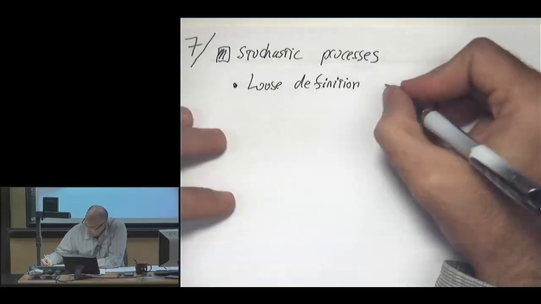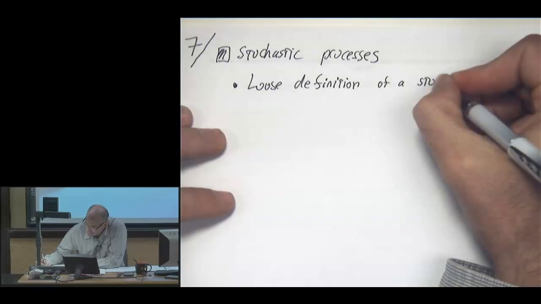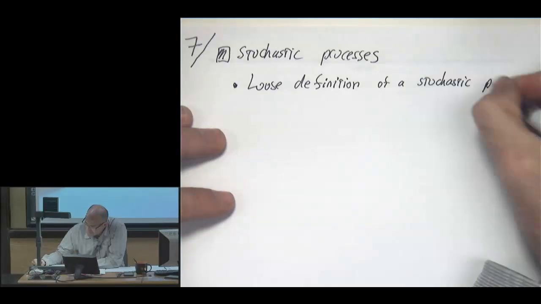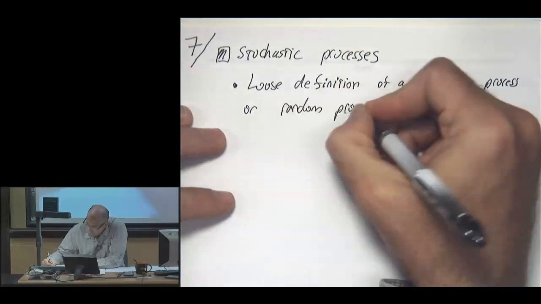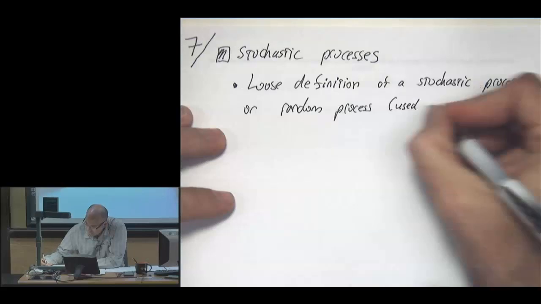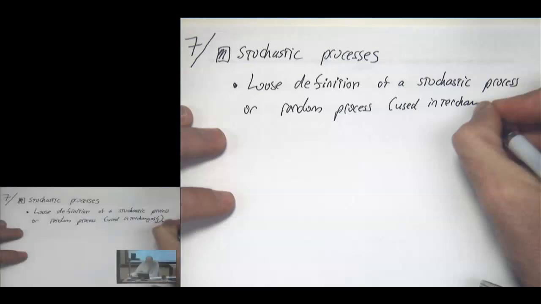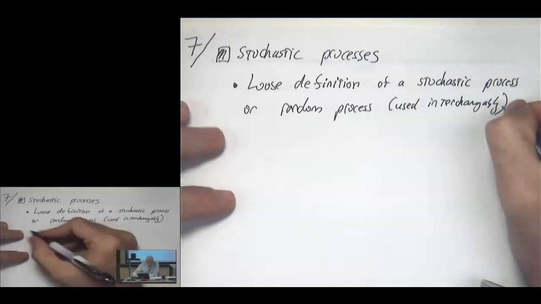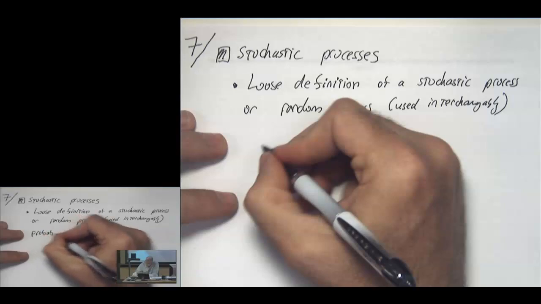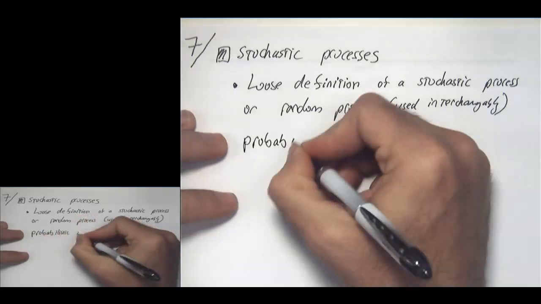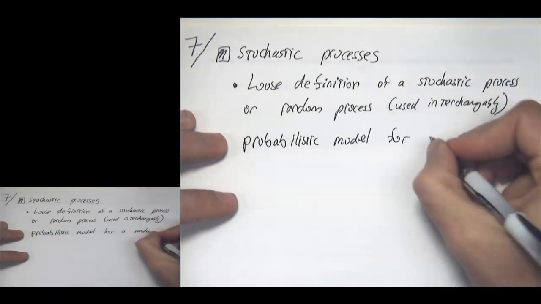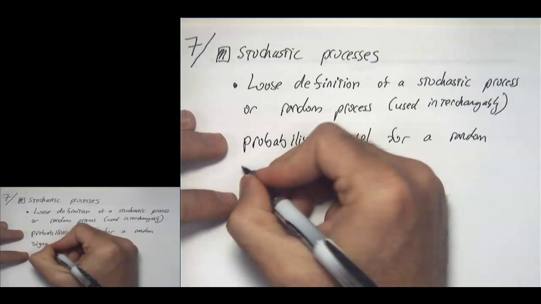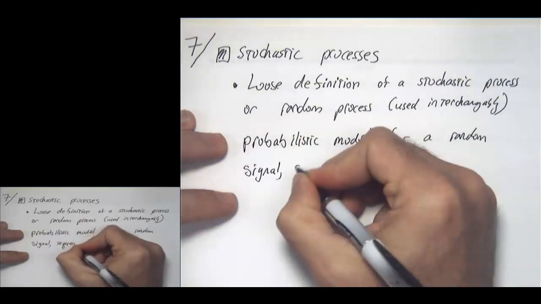But a loose definition of a stochastic process, or a random process, and these are just used interchangeably, they don't mean anything different, at least to me, is that it's a probabilistic model for a random signal, sequence, or function.